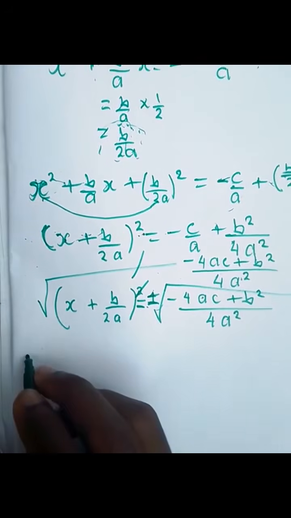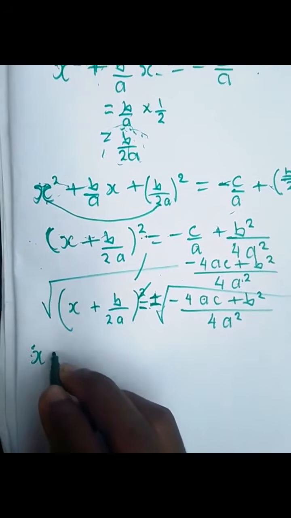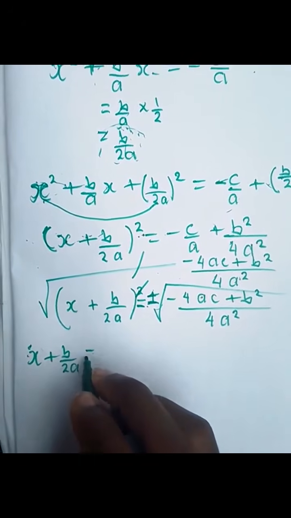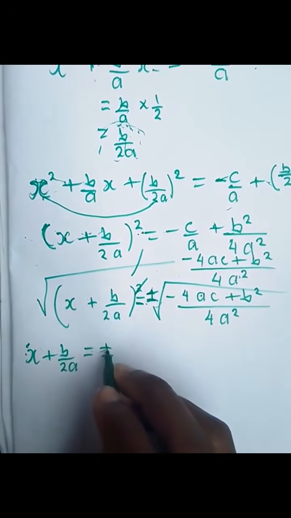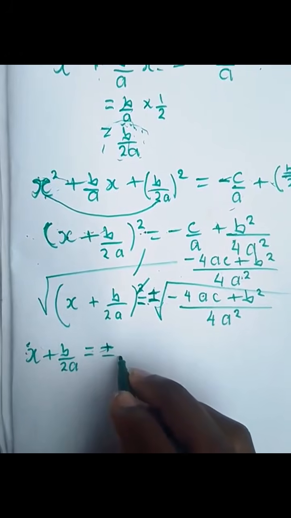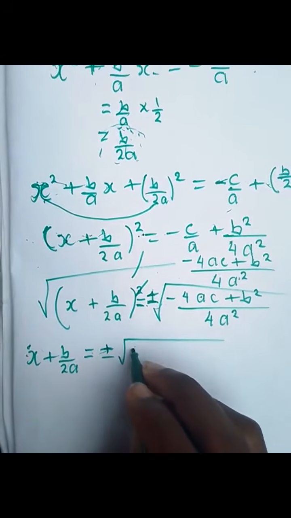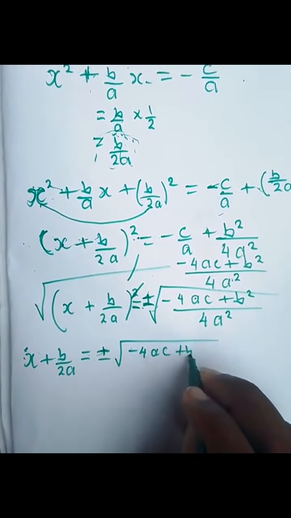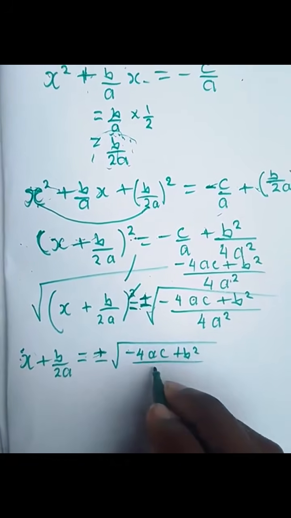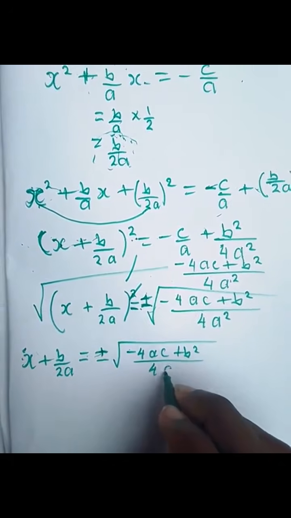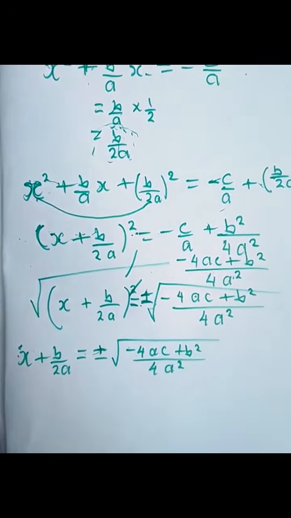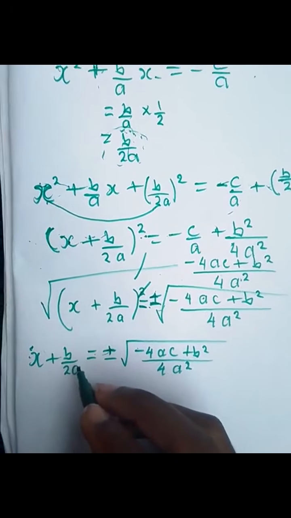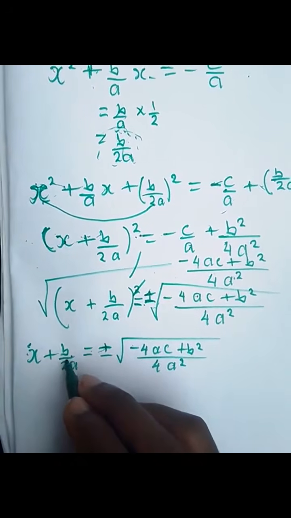x plus b over 2a being equal to plus or minus, which came when we introduced the square root, negative 4ac plus b power 2 over 4a power 2, right? So I'm going to take this to the other side.